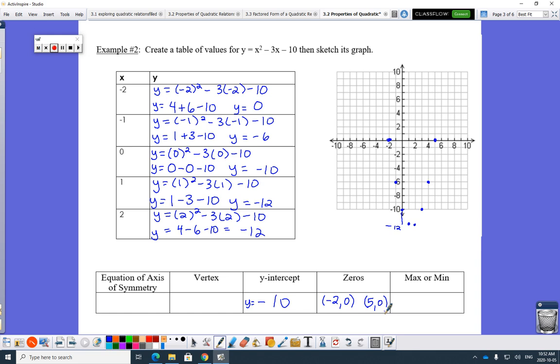Two zeros for this parabola. And you can see, even though we don't have a vertex yet, that it's going to be a minimum. It opens up.